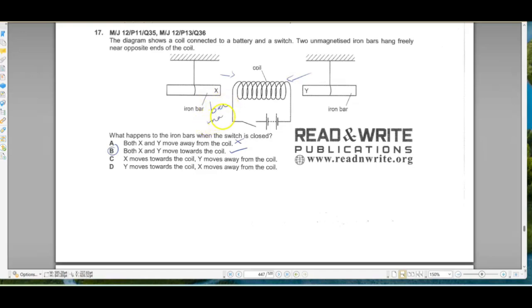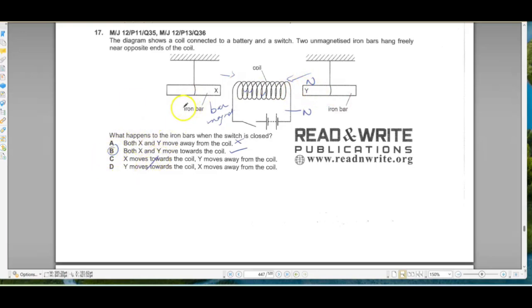Okay, if they were bar magnets, one of them might have gone close to the coil, one of them might have moved away, both might have been attracted, and even if they've given you the idea that here is the north pole pointed towards this side because the current is like this, coiling of our fingers is towards us, so the north is towards this, and if any bar magnet had north over here, it would have been repelled and all. So this is not the case.